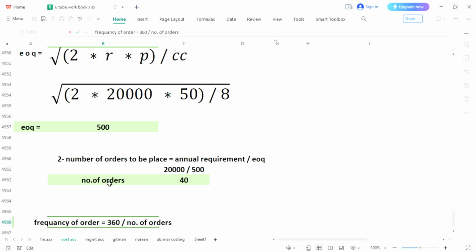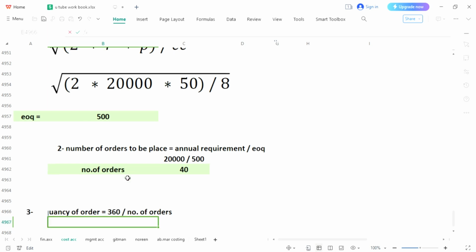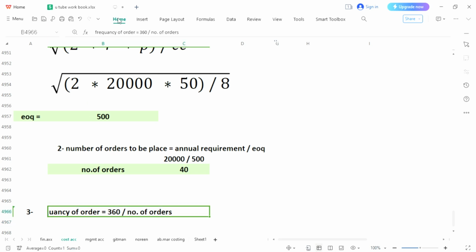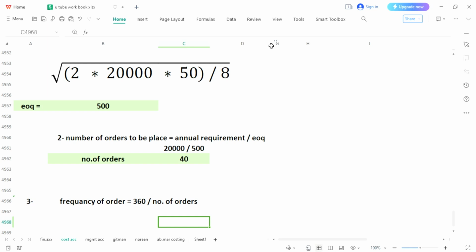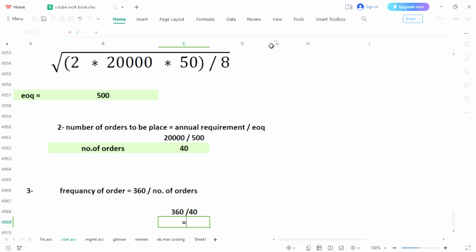So in this way your frequency of order would be calculated. Please focus on the formula: 360 divided by number of orders. 360 is the fixed amount and the number of orders you have calculated is 40. The statement is completed. You can now put it on your calculator.